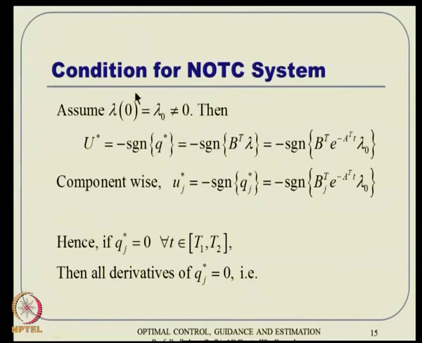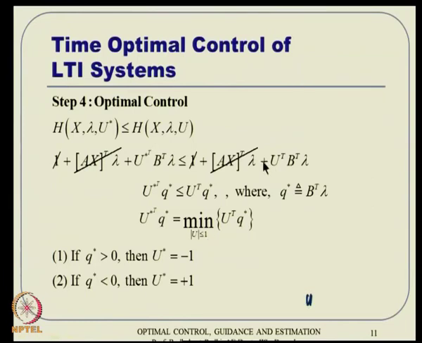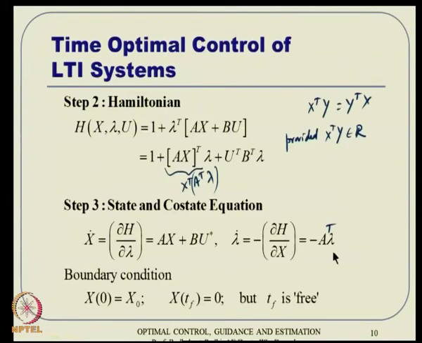So, now assume that the initial condition of lambda is not 0, that is some value lambda naught. Then u star is the negative signum of q star, but q star is B transpose lambda, and lambda is time varying, lambda of t. Remember, lambda dot, which we derived some time back, is minus A transpose lambda.